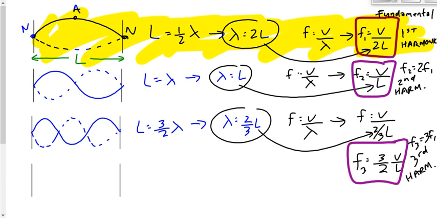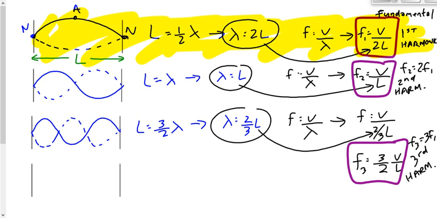If you've got a second harmonic problem, just treat it as a first harmonic problem and then double it. If you've got a 14th harmonic, then treat it as a first harmonic and multiply it by 14. So we have to be able to derive the equation for F1, but for F3, we just need to remember it's 3 times the value of whatever F1 was.